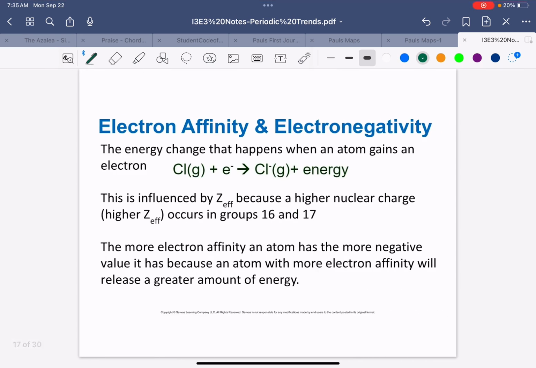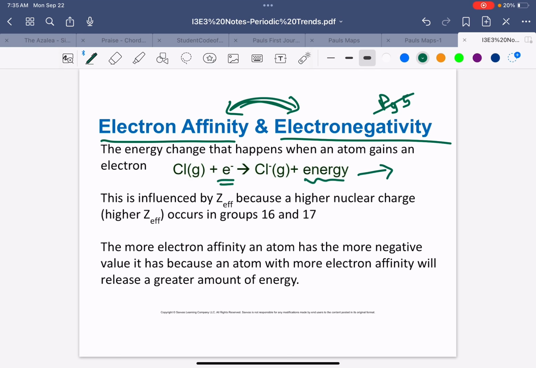Okay, the next couple of trends here are electron affinity and electronegativity. You'll recall this was on page 5. We scratched that to make way for nuclear charge. So essentially we're going to be combining both of these into the same page today. Electron affinity is the energy change that happens when an atom gains an electron. So if chlorine wants to gain an electron, there's going to be some energy that is released.